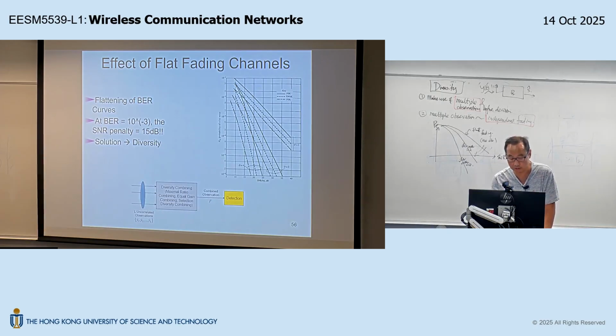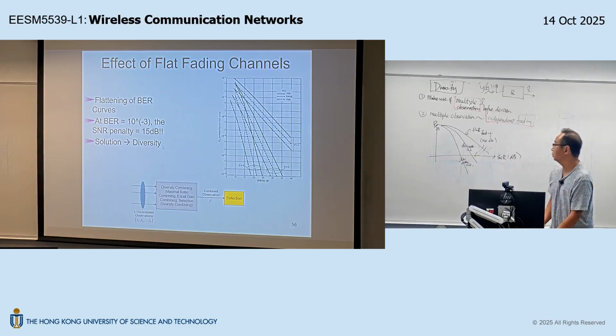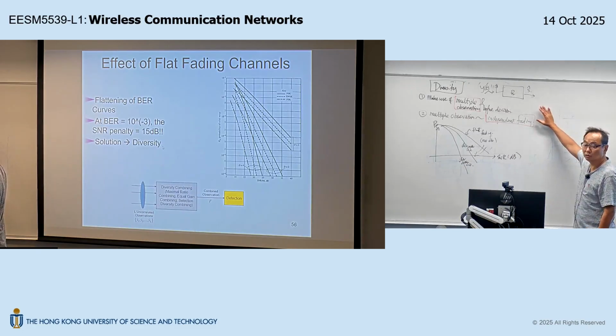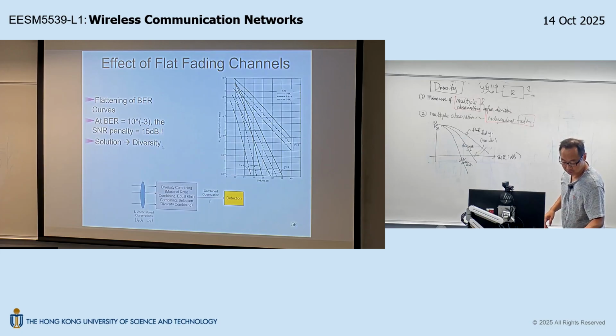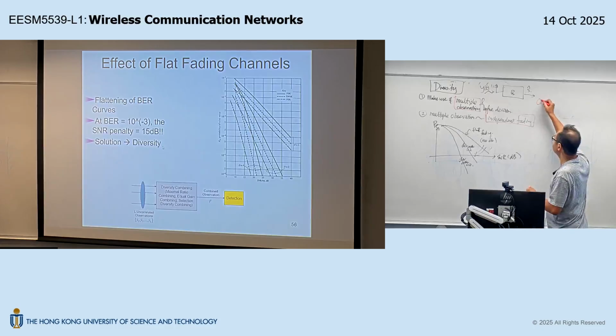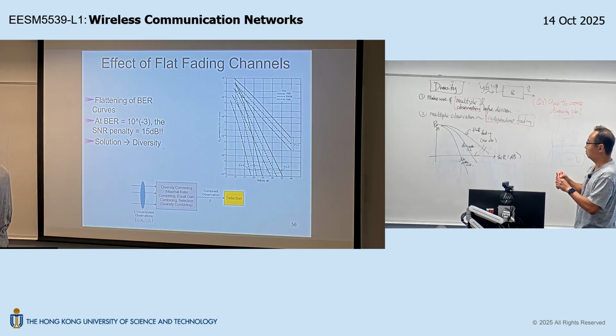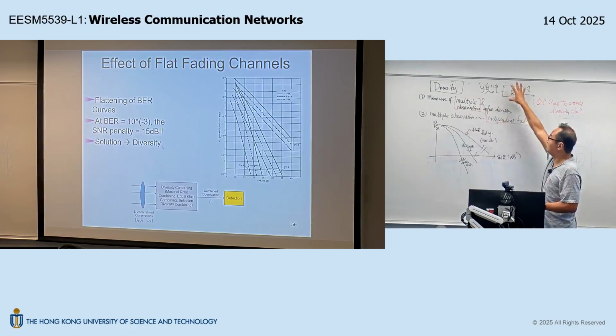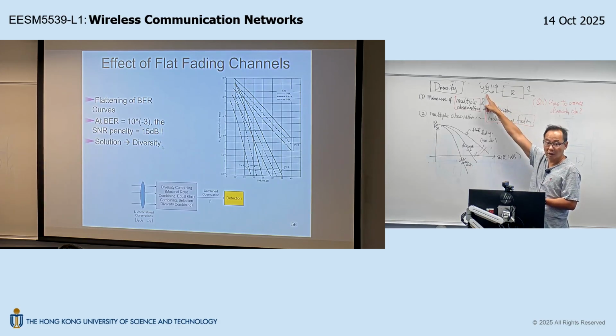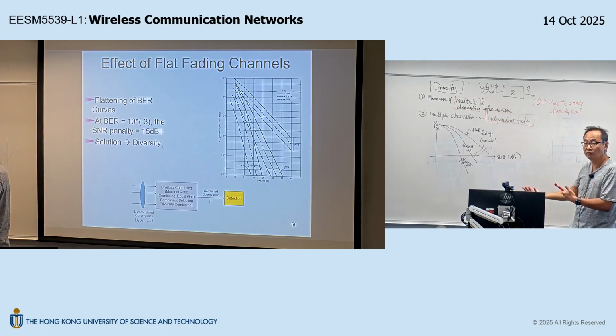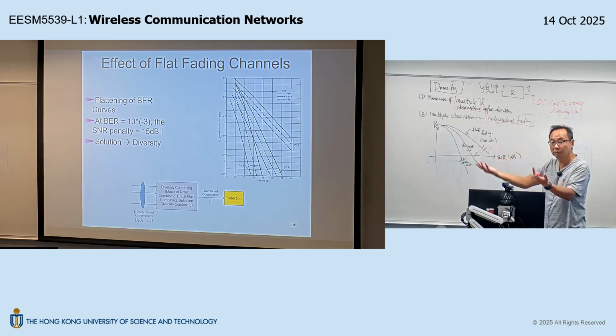Okay, so the solution roadmap is diversity. Next, I'm going to talk about two things. Basically, there are just two questions. Question 1: how to create diversity observations? That is to say, to exploit diversity, the receiver needs to have multiple independent observations available, right? How would that be possible? How can the receiver observe multiple independent observations?